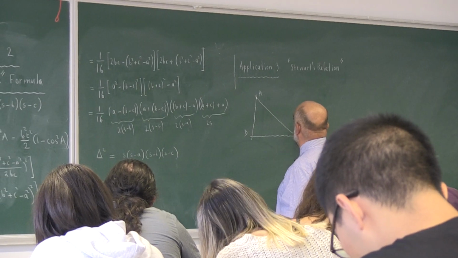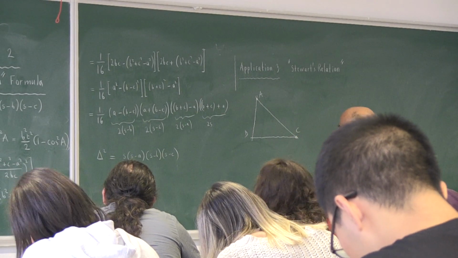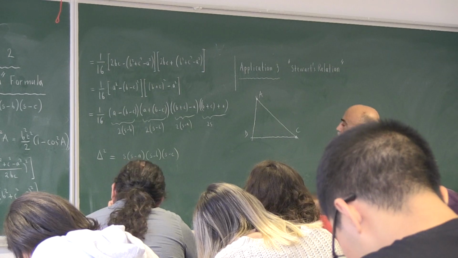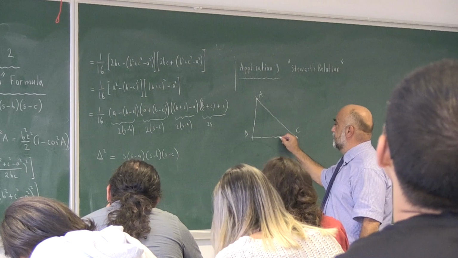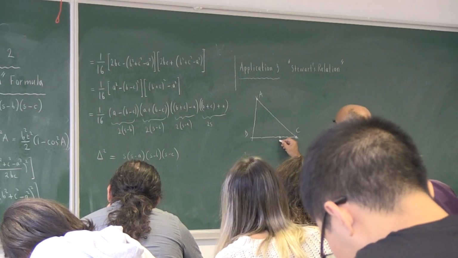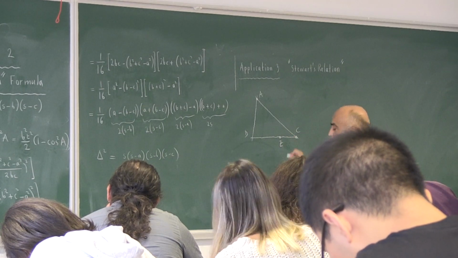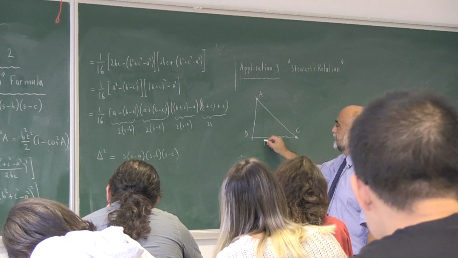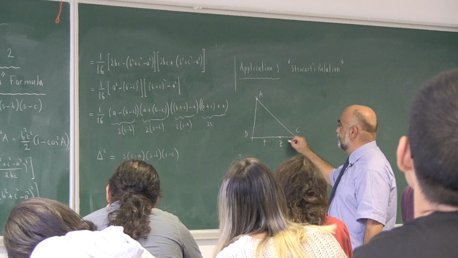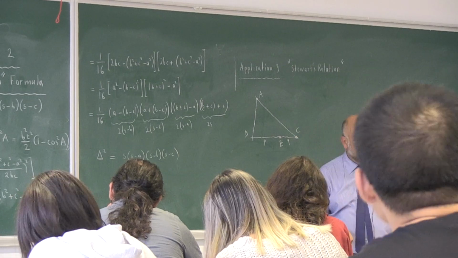Instead of A, you can use any vertex. Anyhow, the side BC is divided into two pieces by a point, let's say Z, and the pieces are P and Q in length.